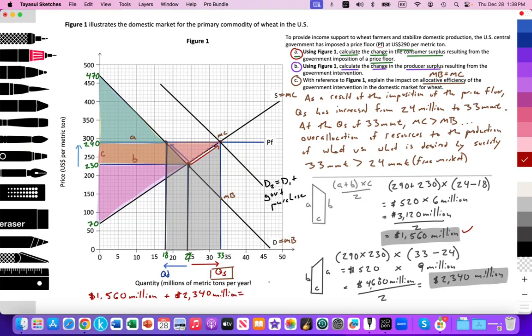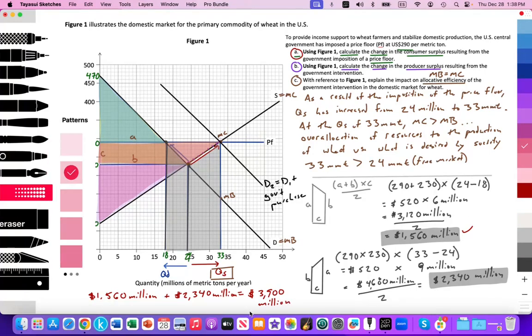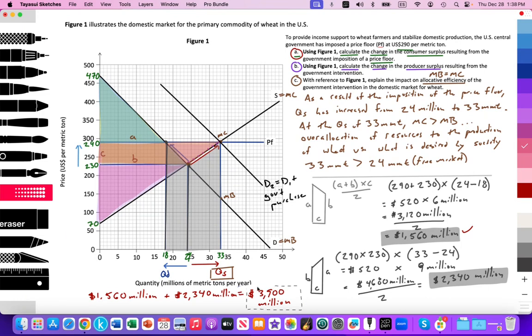And so the combined surface area is 3,900 million. Okay. So there I'll highlight, there's my final answer. 3,900 million is the welfare loss, the total amount of tax revenue spent that's in effect been wasted because we've just produced more than what is actually desired by society.